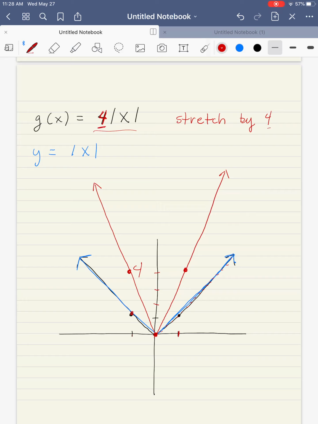And notice 4 is the number I'm multiplying by, so 4 is the number I'm stretching by. The 0, 0 stays where it is, and then the 1, 1 becomes 1, 4. And this point, negative 1, 1, also becomes negative 1, 4. So the easiest way to graph these is to plot this point that would have been 1, 1 as 1, 4, and then draw your graph.